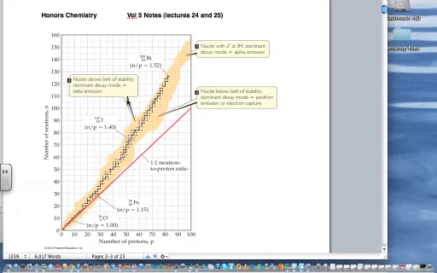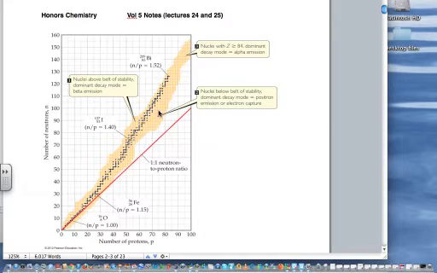And one important thing to note about this graph is the blue dots represent stable nuclei. Nuclei above the belt of stability, so anything that falls here in the yellow that's not a blue dot, beta emission is the primary form of decay that those atoms use to become stable.